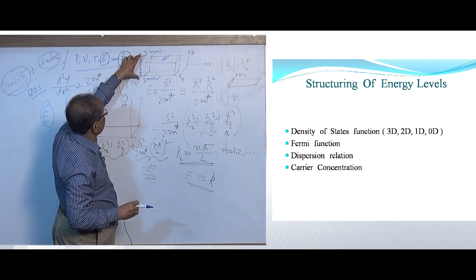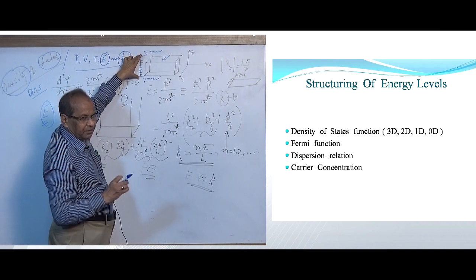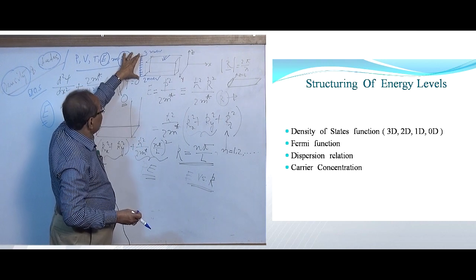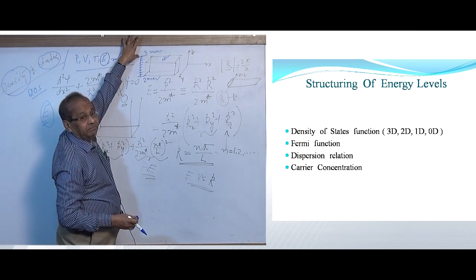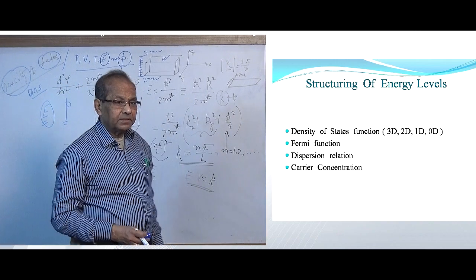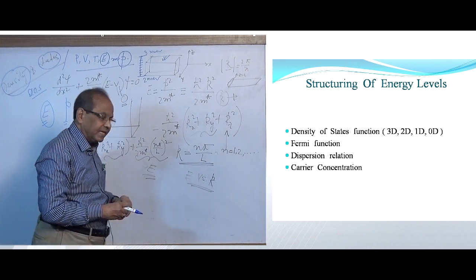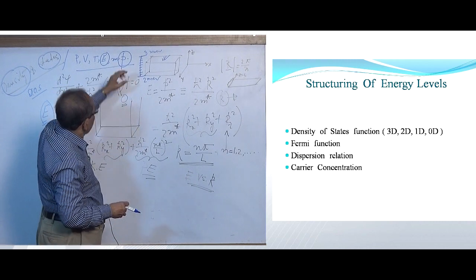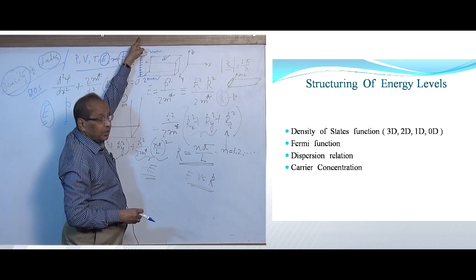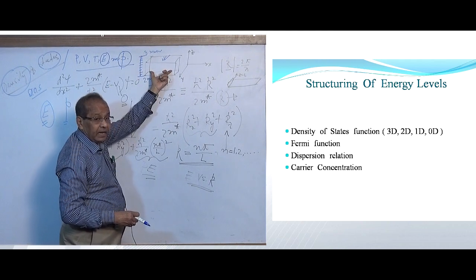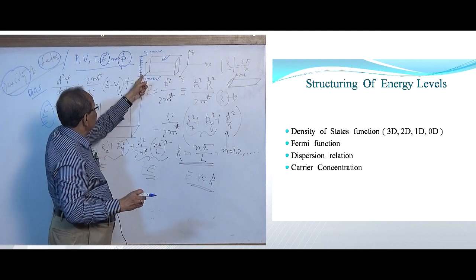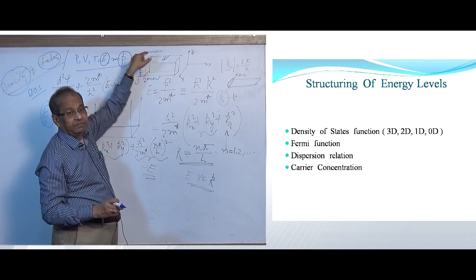If it is 10, for example, it may be 12, it may be 100, it will change. So the number of states, if you count from 3 to 4 for the same material and unit volume, differs from if you measure from 2 to 3.